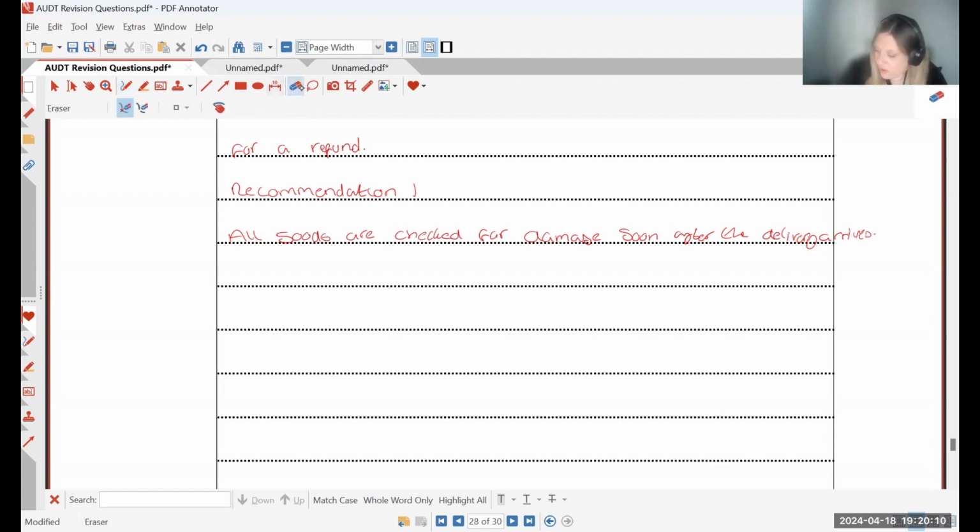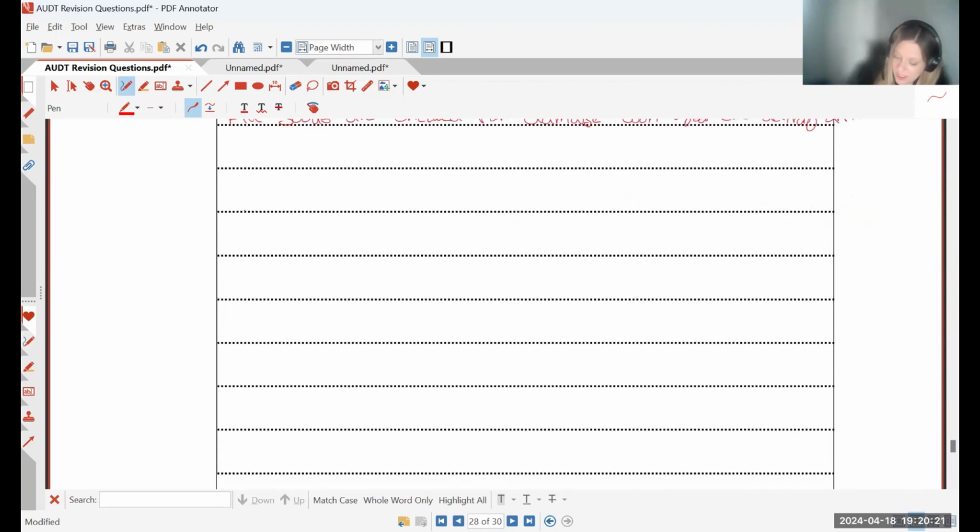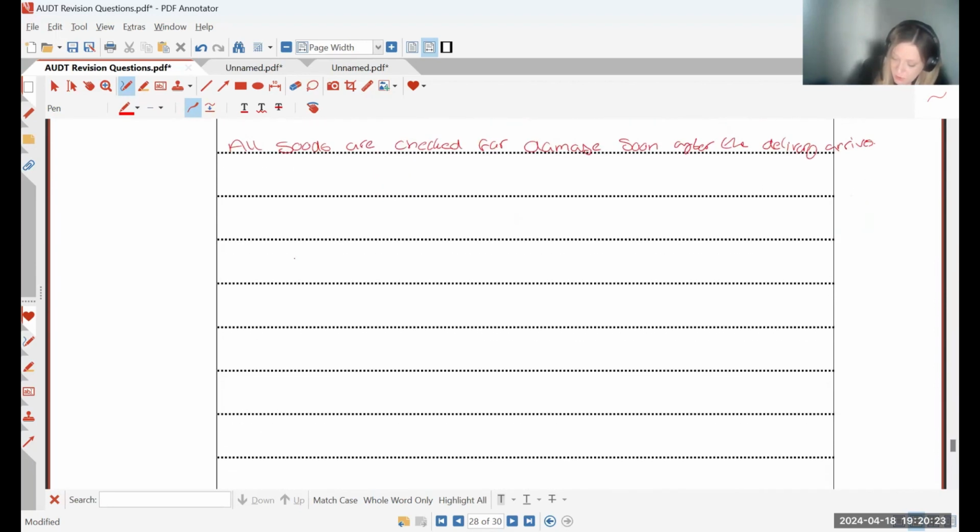Or let's just try and make that a little bit more obvious. Soon after the delivery arrives. Okay, next, consequence 2. Again, keep going with these headings, make it really clear. Honestly, I know I repeat myself a lot, but I can't tell you how many tasks, how many mocks I mark where students do not follow this format, okay? That's why I repeat myself.